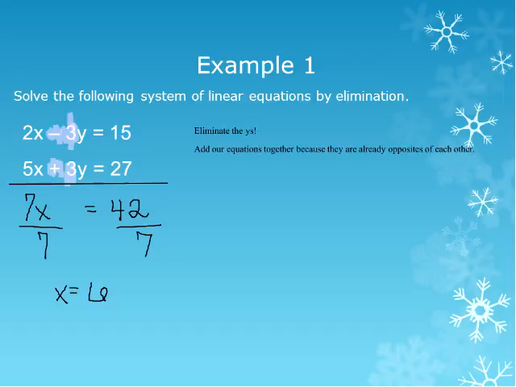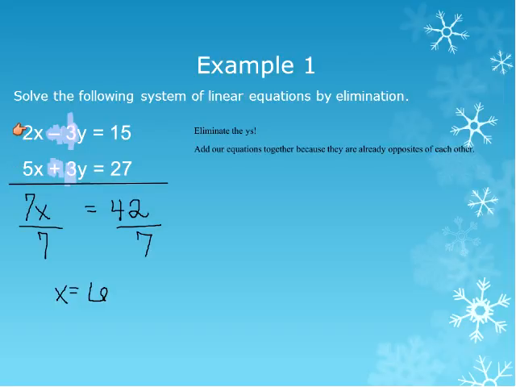Okay, step 3 is then to solve for y by substituting this answer back into one of our equations. Now, does it matter which equation we substitute that into, whether it's the first one or the second one? No, it doesn't. So which equation do you guys want to substitute the x back into?